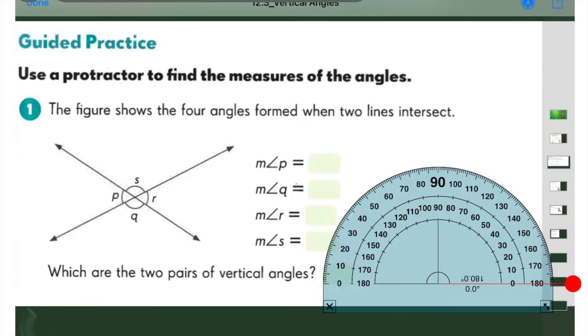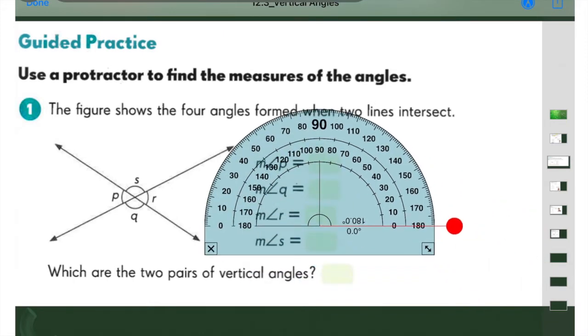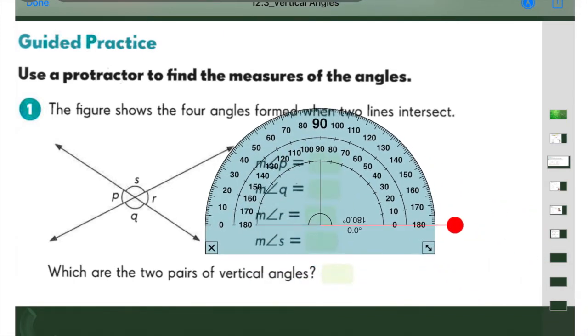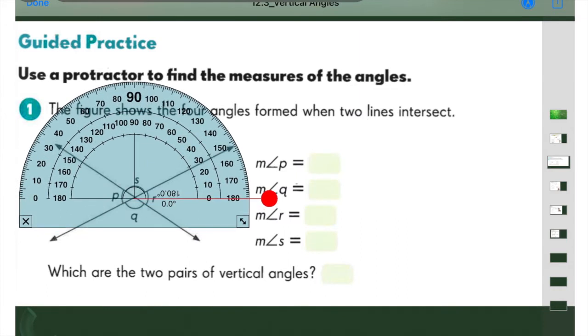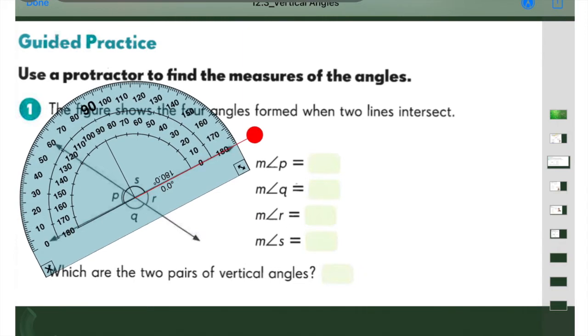Now let's further prove this with the use of a protractor, by actually measuring these angles. We're going to start by finding the measure of angle P. I'm going to line this up, and then rotate it around.